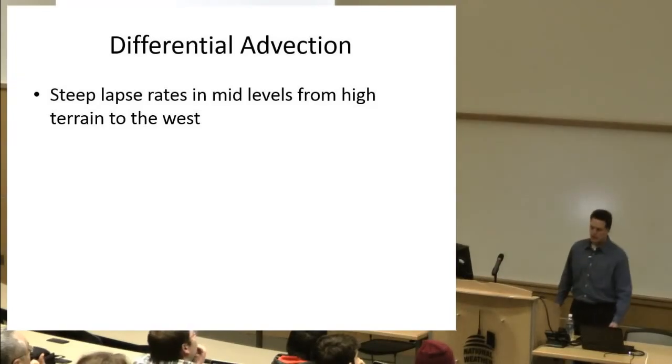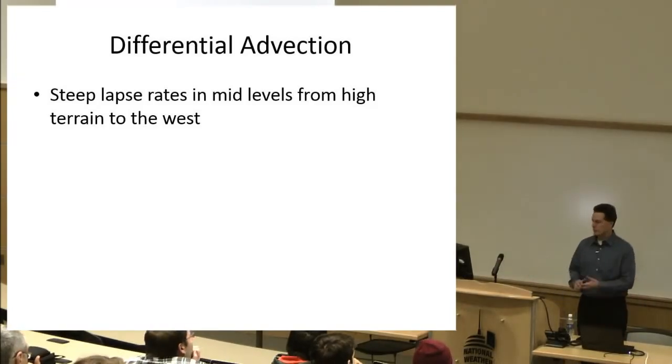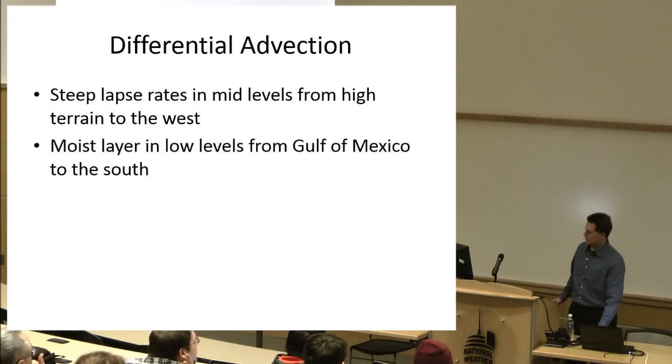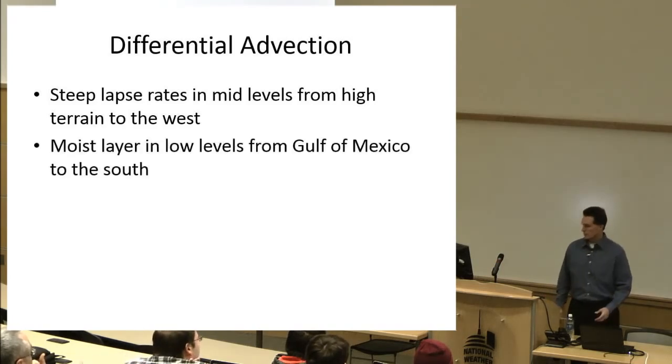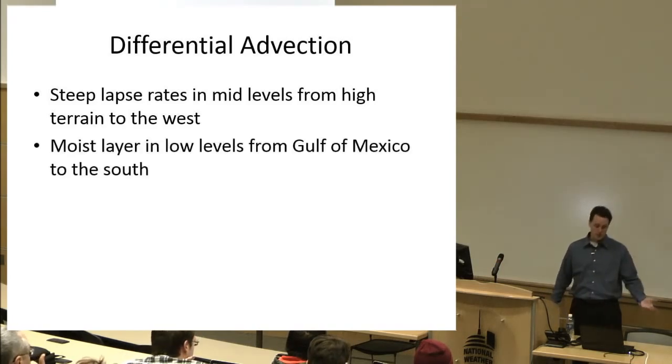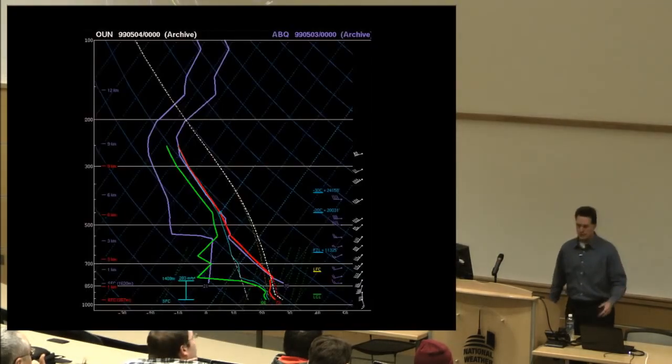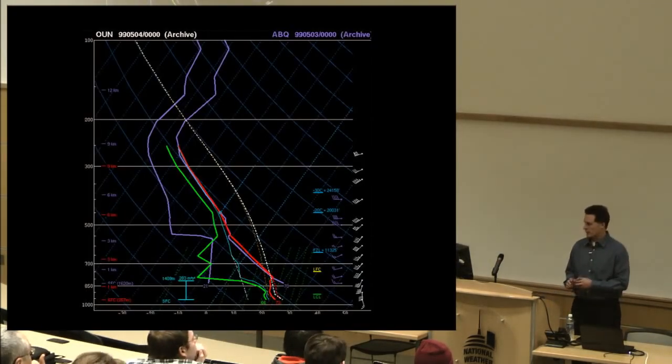Okay, so differential advection is what we're really getting at here. I've mentioned it several times. So we get steep lapse rates from the high terrain to the west is where they typically form. Moist layer in the low levels from the Gulf of Mexico or the Caribbean basin to the south creates the loaded gun. And again, it's just a classic example. This is the May 3rd Albuquerque sounding from the evening before in purple combined with the Norman sounding from 0Z the evening of the event.